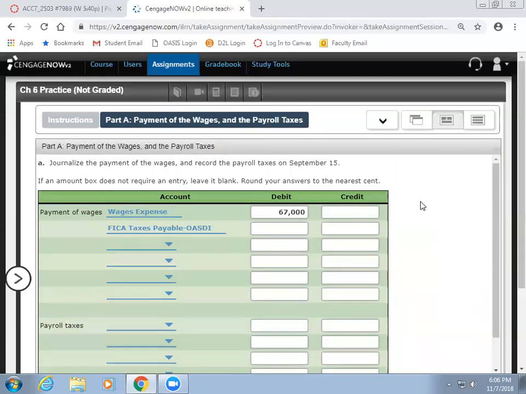So at least one of our employees has hit the OASDI limit, and we're no longer taking OASDI taxes from them. They gave us our taxable limit though, which makes it nice, right? We don't have to figure it out. So we're truly just going to take 6.2% of the 63,850, which is $3,958.70.